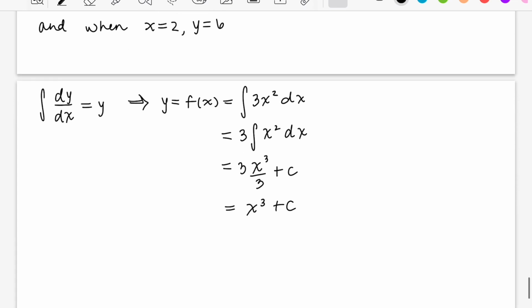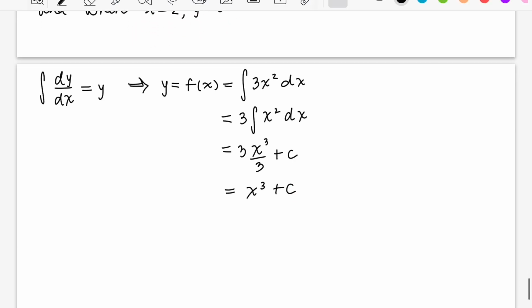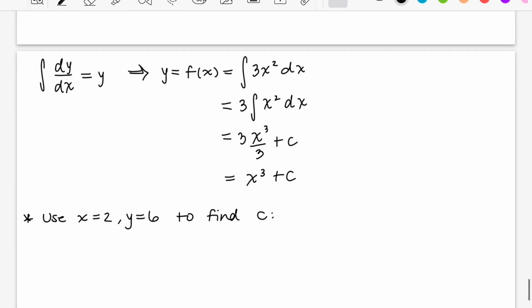All right, and then what we'll do here is use this point to find our value for c. We'll use the fact that y is equal to 6 when x is equal to 2, to find c. So when we plug in 2 to this, because our f of x was equal to this, we'll get 2 cubed plus c, and we know that this has to be equal to 6.